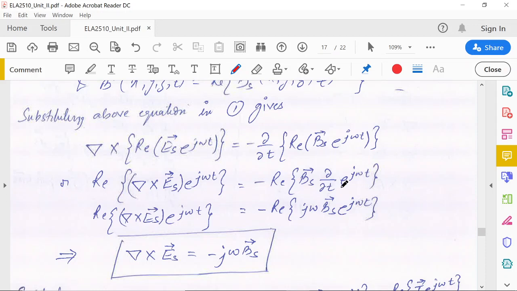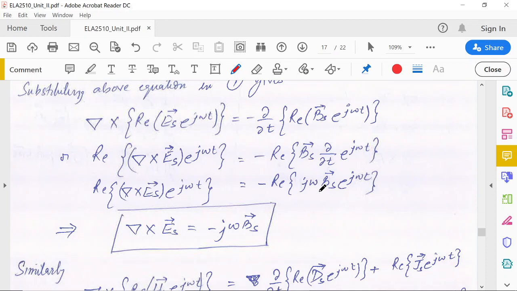We can take del over del t of this part, and here again we have j omega B_s. The real part of this one is a phasor form of the whole quantity, and this is also a phasor form of the whole quantity. It means these two are equal. So we get del cross E_s equals minus j omega B_s.